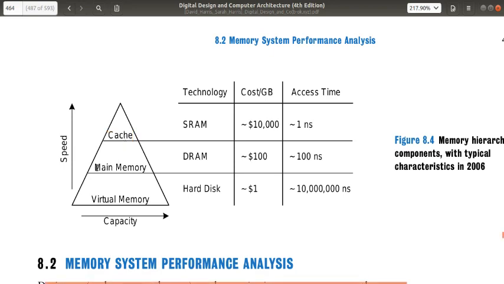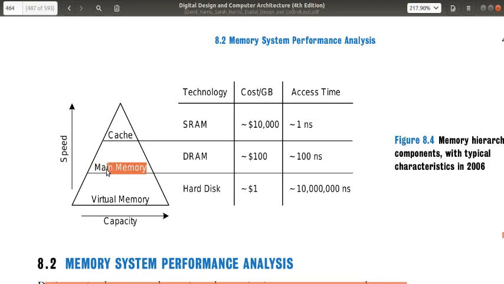Then coming to the main memory. Till now, whenever we were discussing either the IO systems or the microarchitecture part, we didn't make a distinction between cache and main memory. We just said memory, right? Now we are actually making a distinction. That is the only difference.